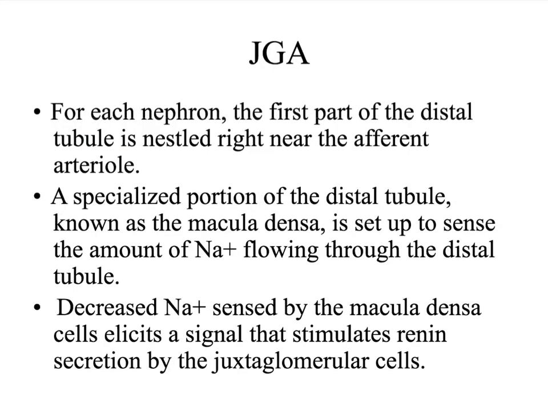The job of the macula densa is going to be detecting the level of sodium ions that is coming through the distal tubule. If sodium levels seem to be low, then the macula densa will signal the juxtaglomerular cells to secrete an enzyme known as renin.